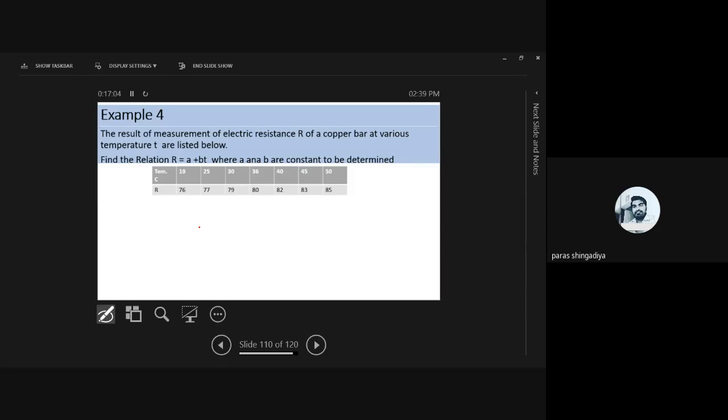R is equal to y, and A plus BT is the A plus BX form. R is the resistance, that is y, and T is the temperature, that is x. So we'll derive this line, this form, R is equal to A plus BT. Clear?